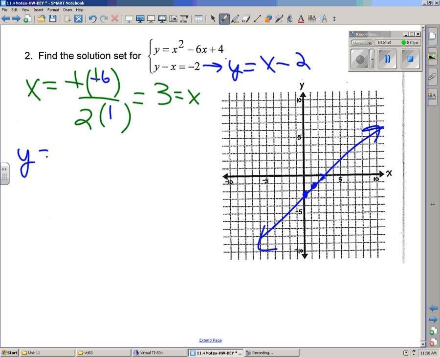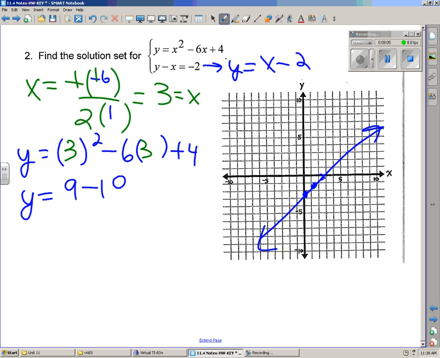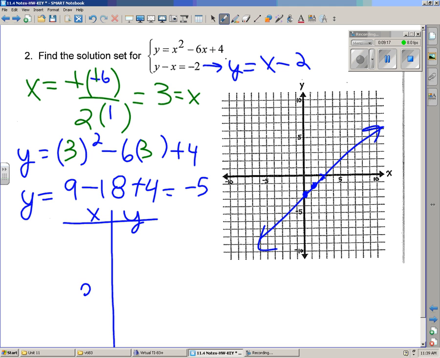So y equals x squared minus 6x plus 4. Again, the x coordinate is 3. When you do the math, you're going to get y equals 9 minus 18 plus 4. And 9 minus 18 is negative 9. Negative 9 plus 4 is negative 5. So your vertex that you're going to center this graph around is 3, negative 5.